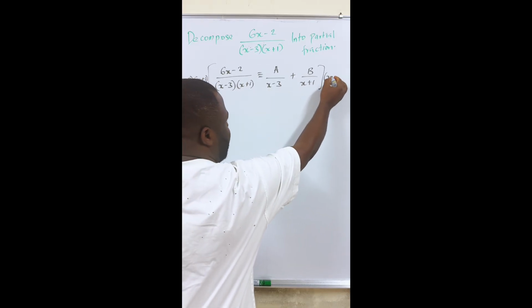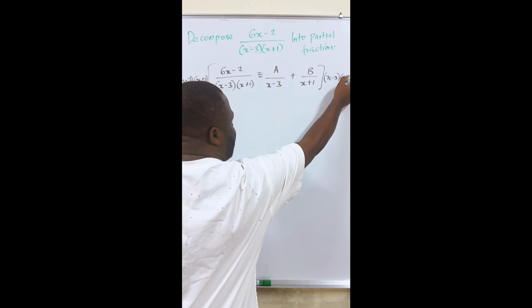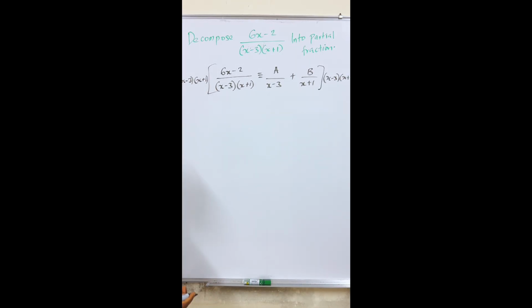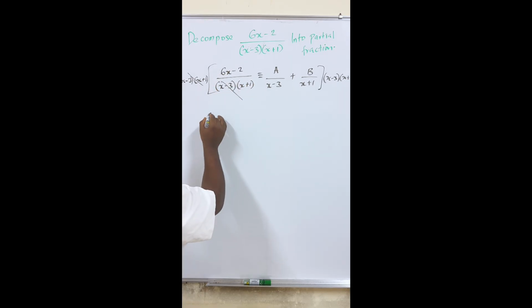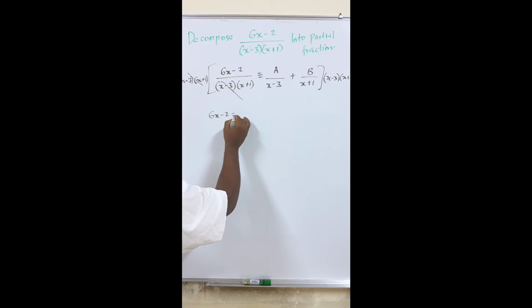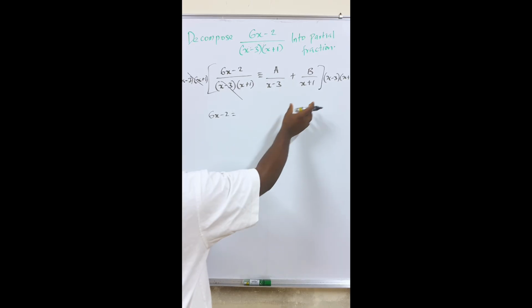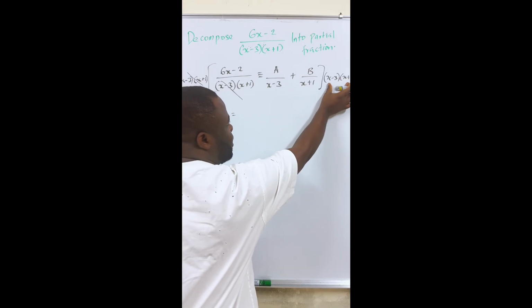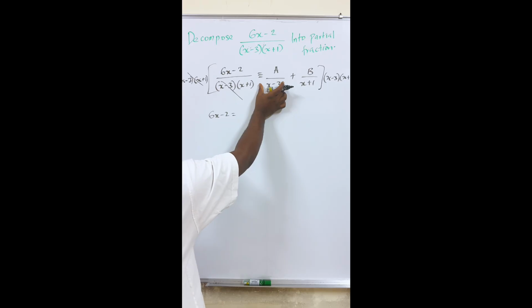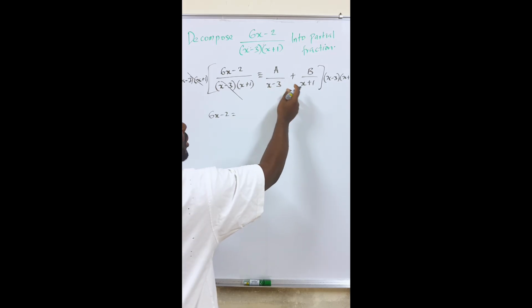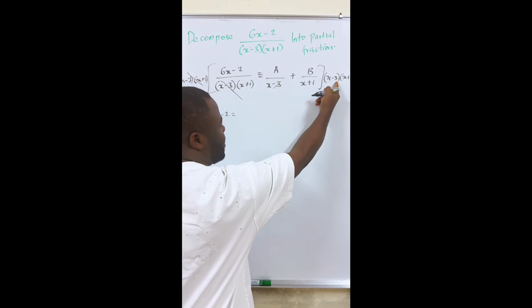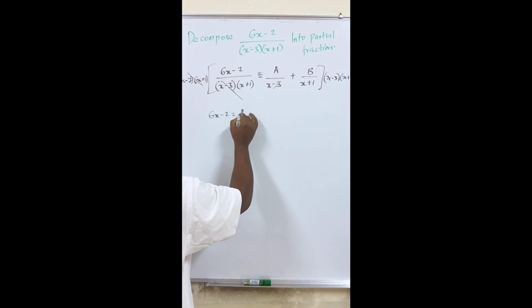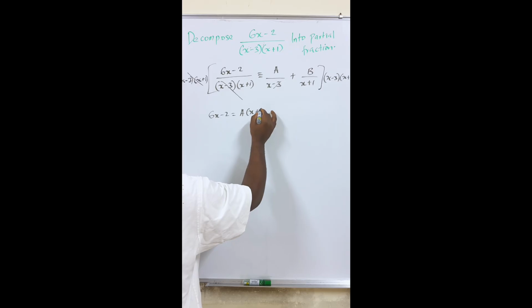Also here you have (x - 3)(x + 1). Simply, this is going to cancel this. So we now have 6x - 2 equals, if you use these factors to multiply this fraction, the (x - 3) is going to cancel out (x - 3), so we'll be left with A multiplied by (x + 1).